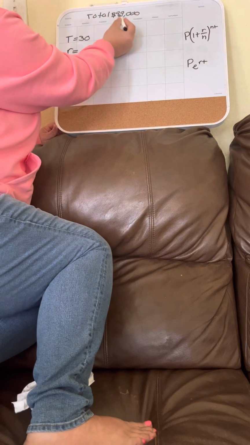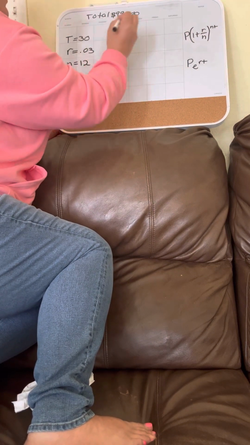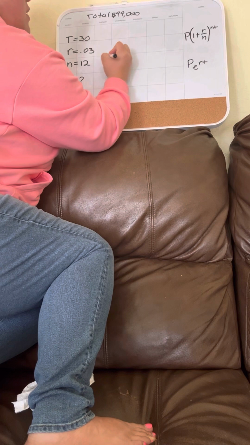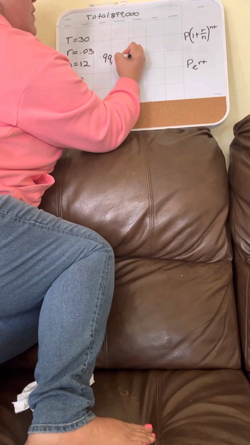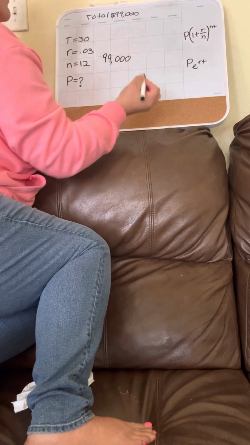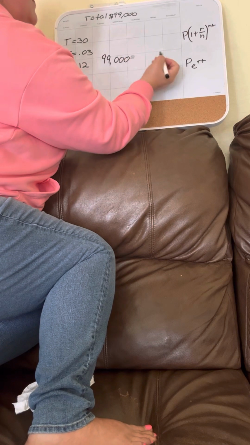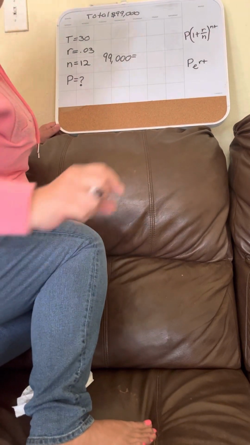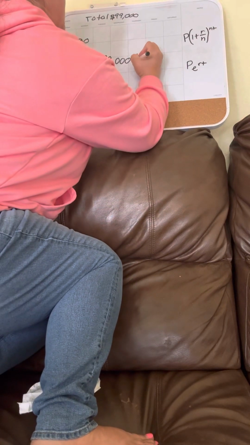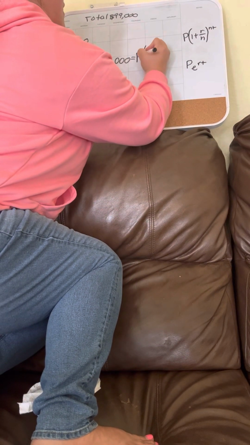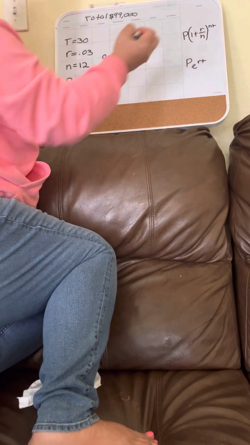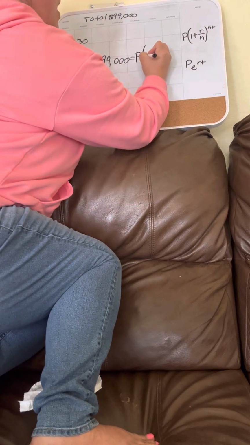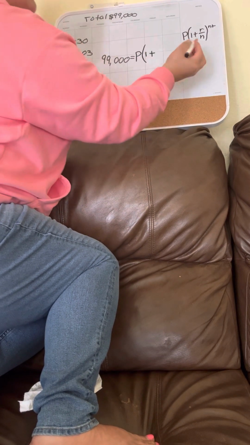First, we start with a total of 99,000. So we're going to set everything equal to 99,000. We're solving for P, we're not given P, so we'll have P, and then I'm just doing this formula here. So 1 plus, what is our rate?